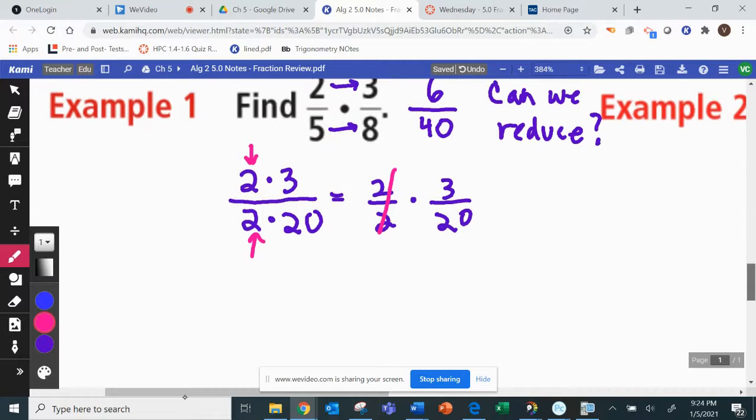And what I'm doing right now is so important. I know that you guys have done this before, but when we start doing it with X's and Y's, understanding this step here is so important. You can only cancel if you can factor it out.